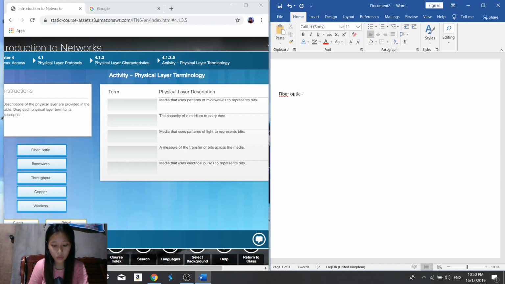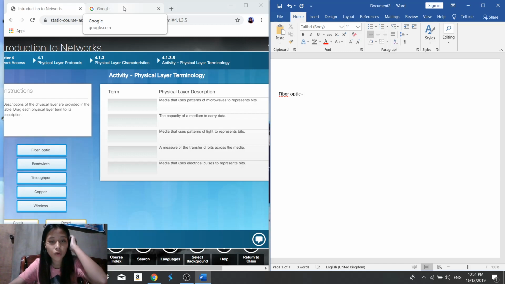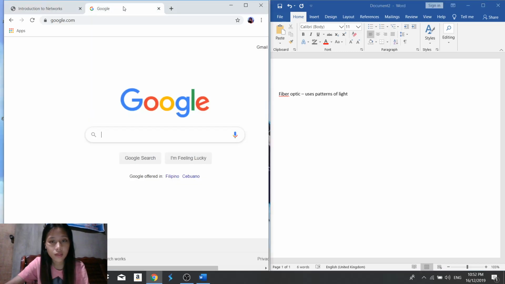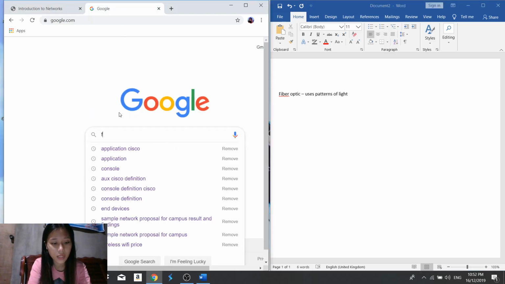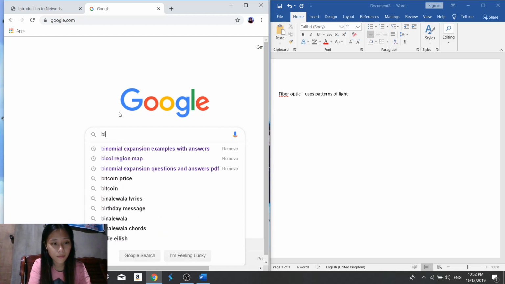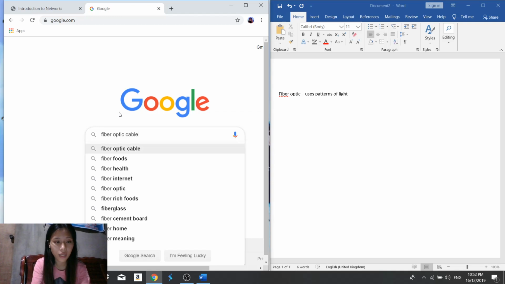In the fiber optic, we all know that it uses patterns of light to represent bits. As an example, let's search for a fiber optic cable.